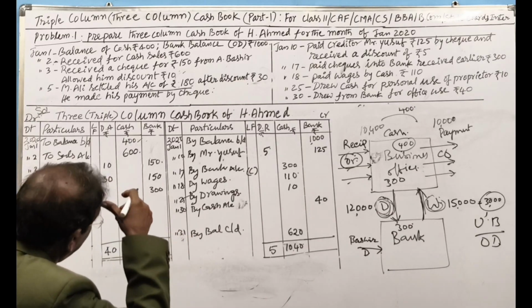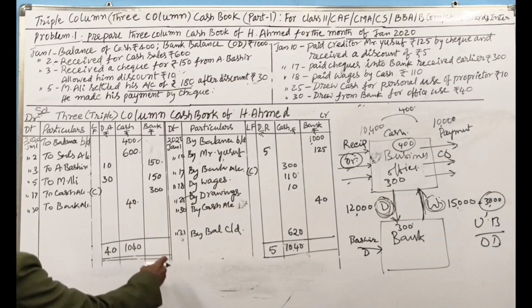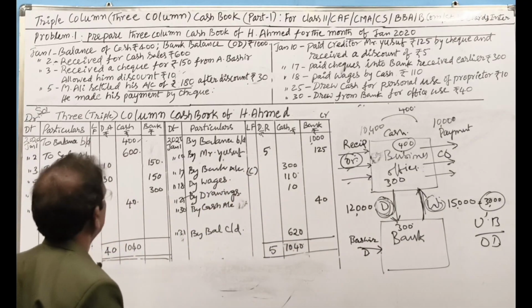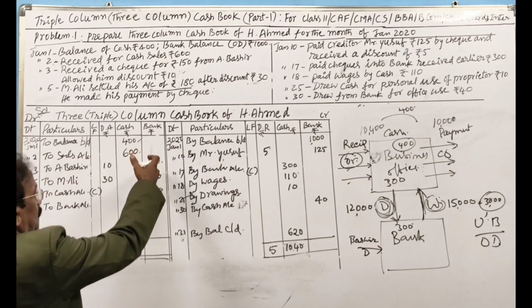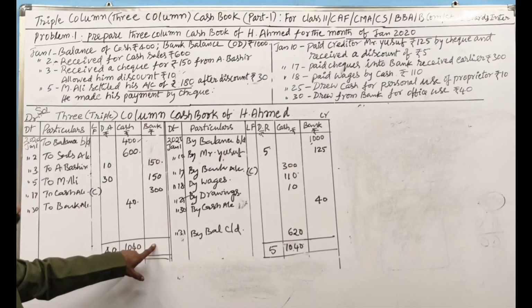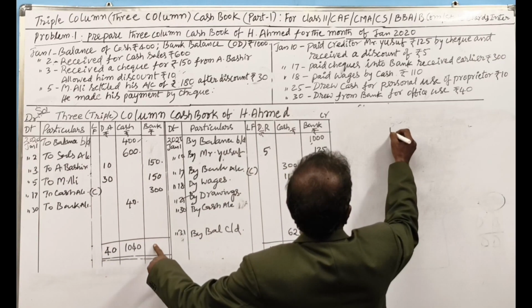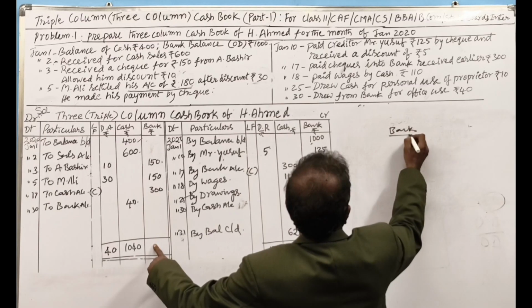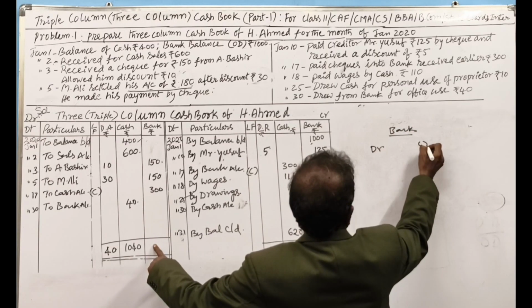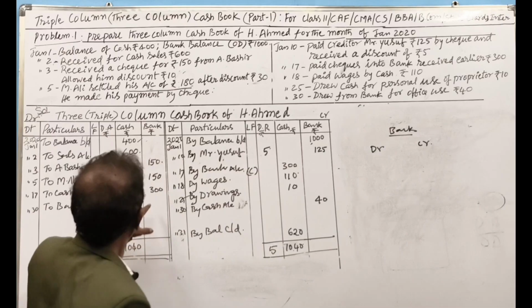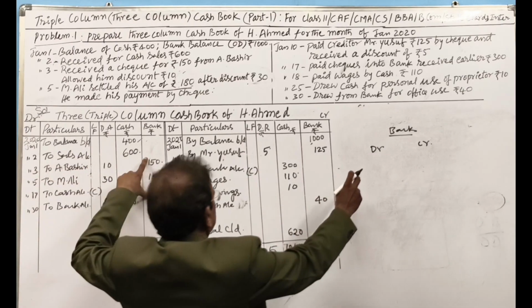Now, in case of the bank column, you can't directly total the debit side. Instead of that, what you have to do? Here you write bank, debit and credit. You take the total here.